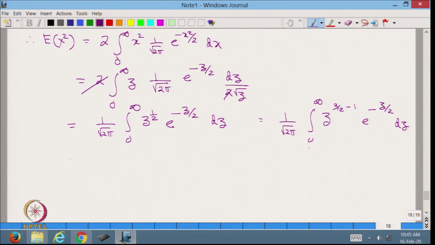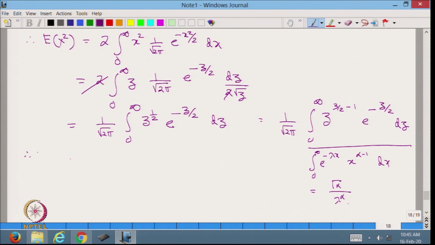Now, this is a gamma integral and we know that integration 0 to infinity e to the power minus lambda x x to the power alpha minus 1 dx is equal to gamma alpha upon lambda to the power alpha.